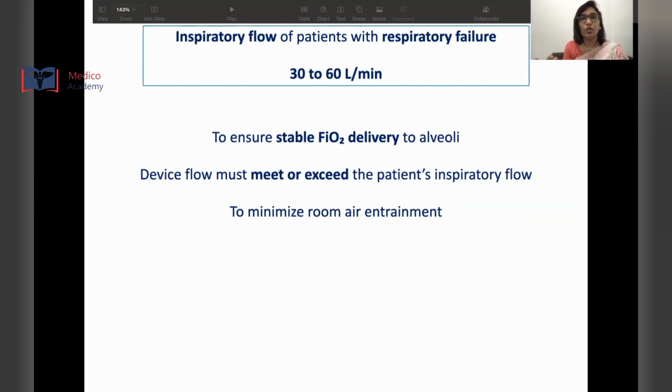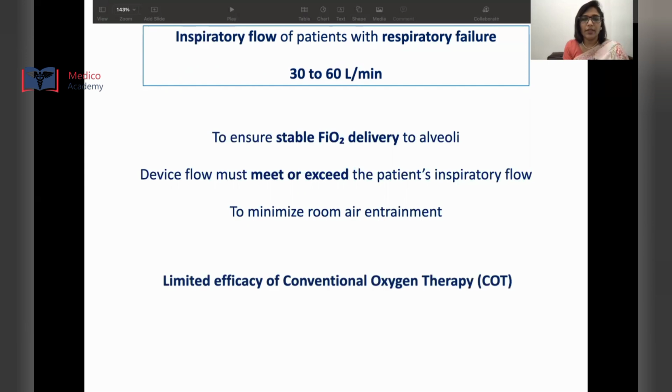If you have a patient with respiratory failure breathing at 50 liters per minute of inspiratory flow, and you keep a nasal prong or cannula at a rate of 4 liters per minute, there is a lot of dilution happening, and the patient doesn't get good FiO2 levels. That is where conventional oxygen therapy fails.